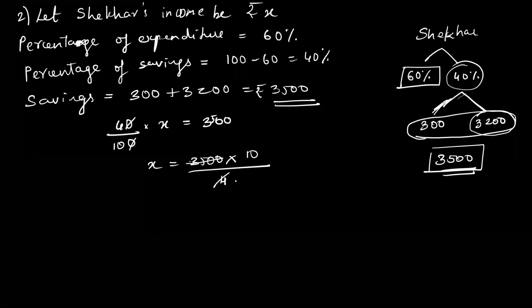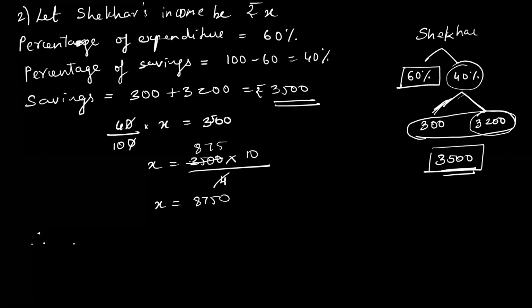This one. Yes, sir. 875. So what is the final answer? 8,750. So what should I write? Final statement. Shekhar's income is rupees 8,750. Okay. Thank you.